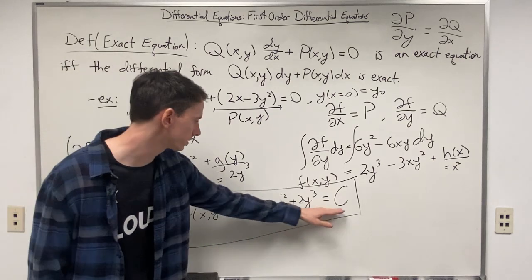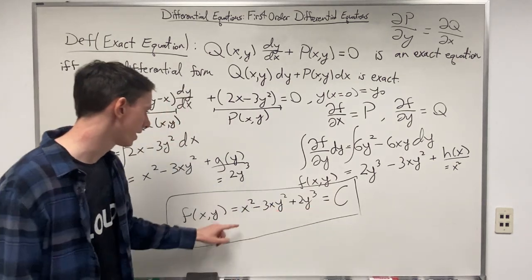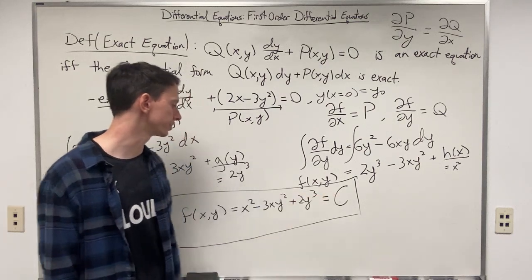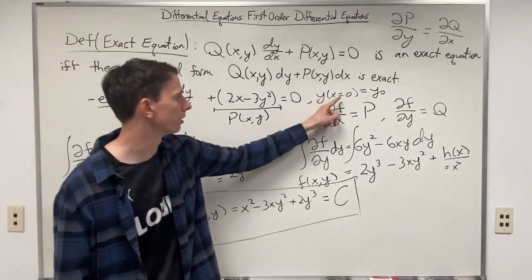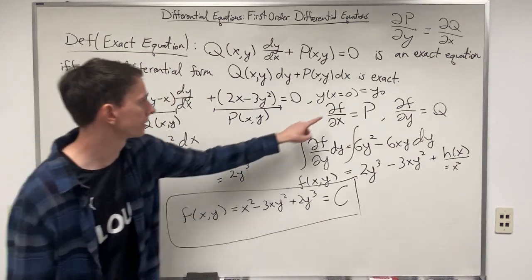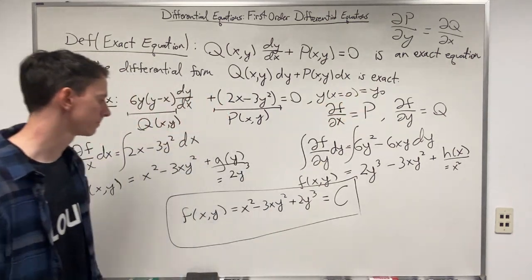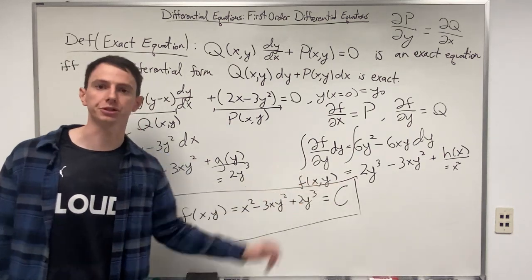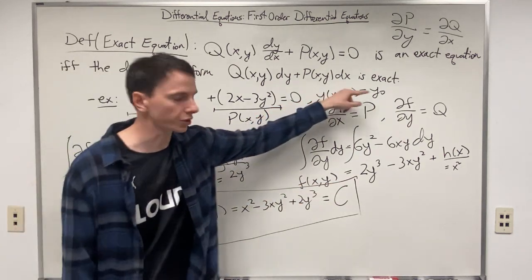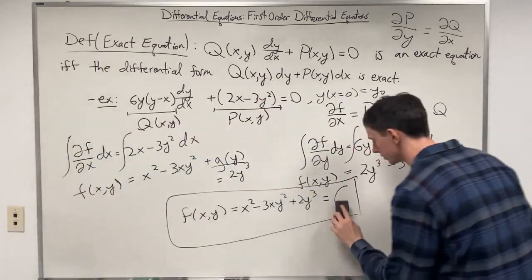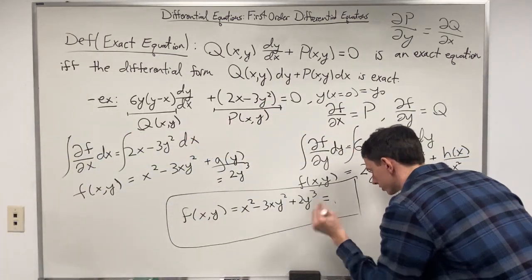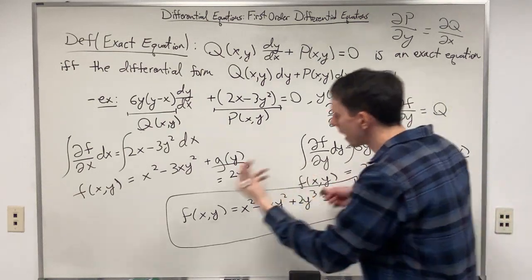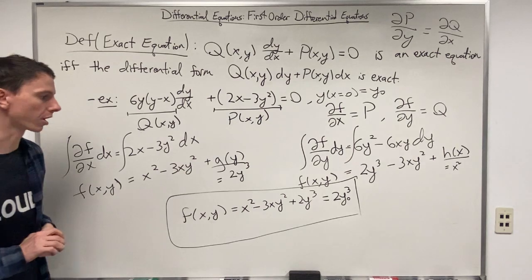What we could do is take this equation, x squared minus 3xy squared plus 2y cubed is equal to c. That should be true for all values of x and y. So if I plug in x equals 0, y equals y naught, I get 0 squared minus 0 plus 2y naught cubed equals c. So if this is the initial condition provided, then this constant right here is going to just be 2 y naught cubed. And now we would be done with the problem.